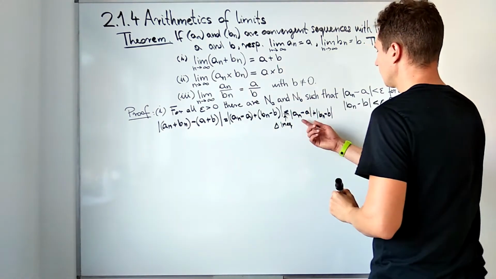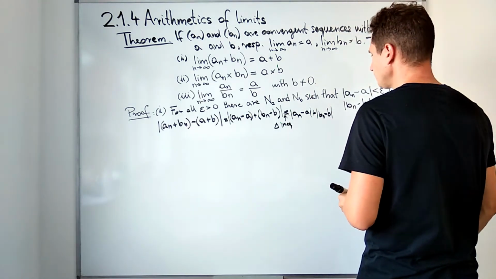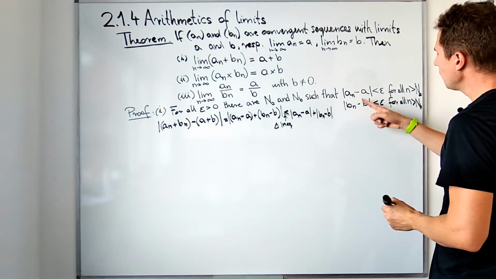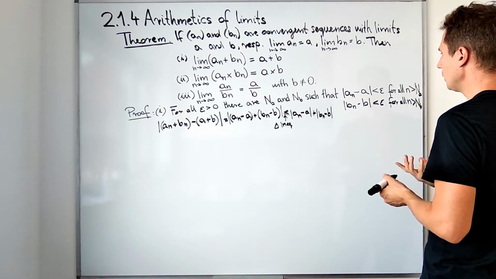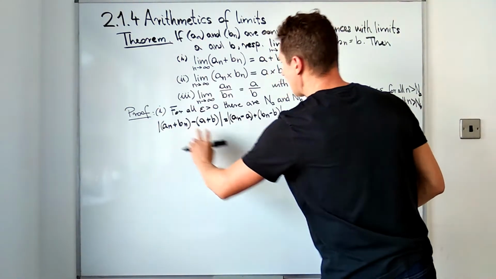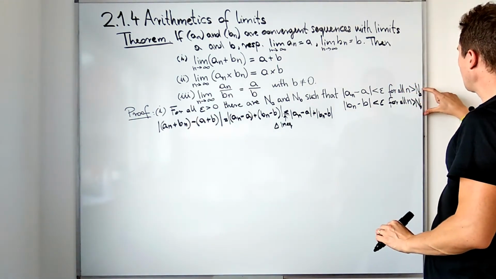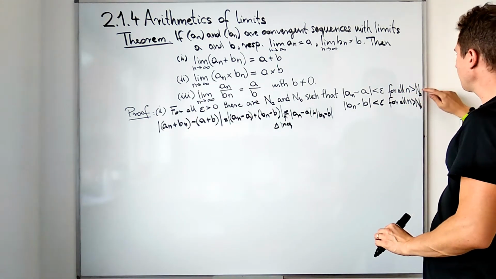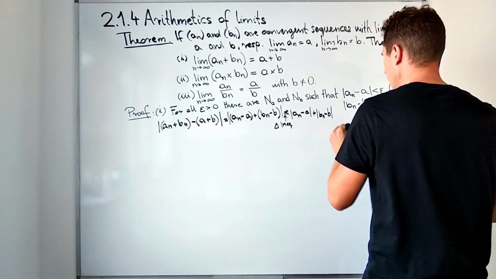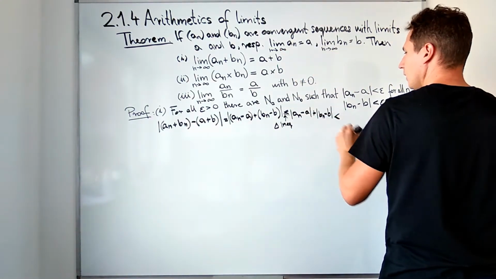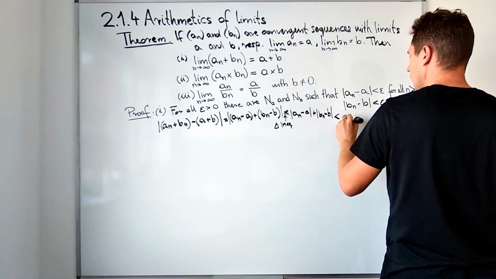Okay? But both of these terms can be given the upper bound of epsilon if we have chosen little n to be bigger than both capital NA and capital NB. So if that happens, then we can say that this sum is less than epsilon plus epsilon.